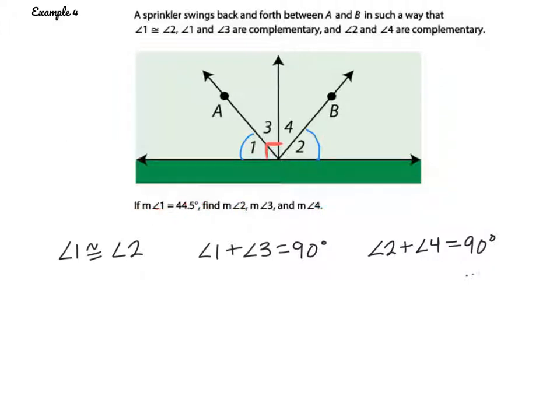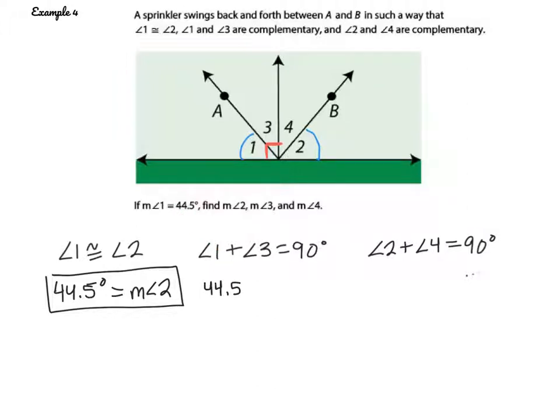So here, let's start with this first given statement. I'm going to substitute what we know. We know that angle 1 is 44.5 degrees. That was given. So that means that the measure of angle 2 is also 44.5 because they are congruent. Now here, if I know that angle 1 is 44.5, I can substitute it, plus angle 3 equals 90.